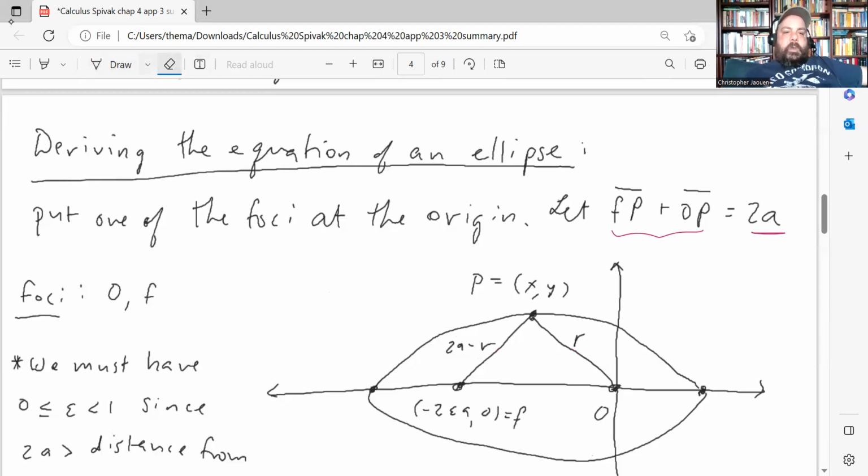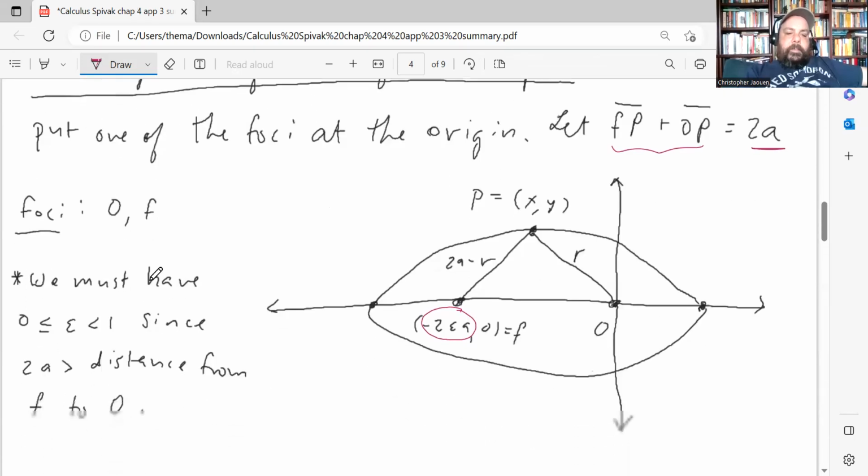And just another note here. If you look at the x coordinate of the other focus, -2εa, we know that ε has to be between 0 and 1, since 2a is greater than the distance between the two foci.